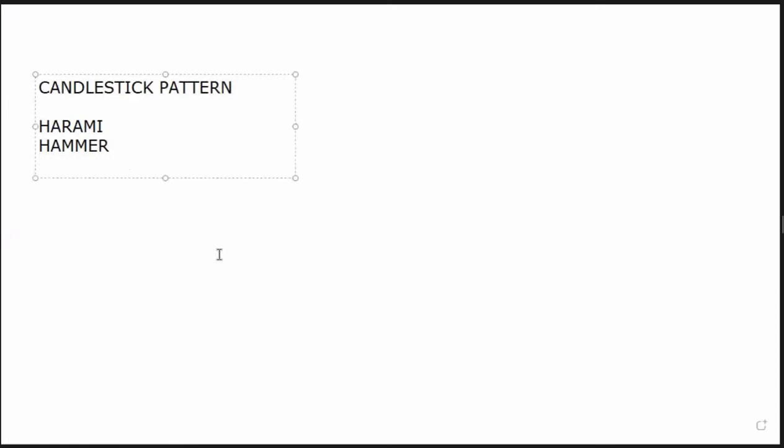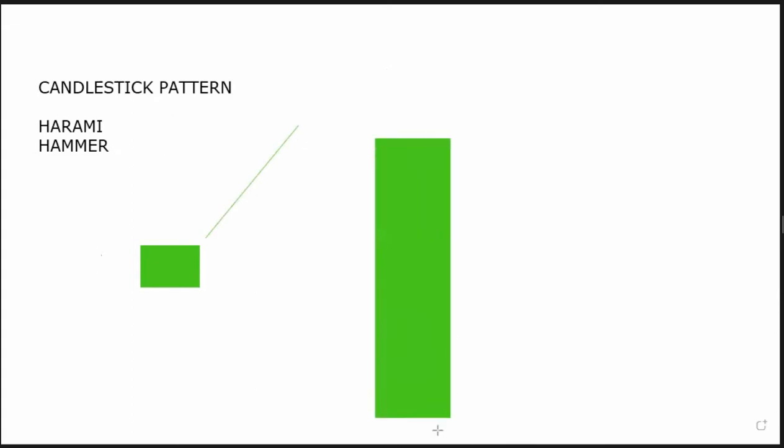So a small candle is stable, right? If you enter a small candle, the price has more room, more strength to move up, rather than you go and enter a long candle like this, which is very attractive.